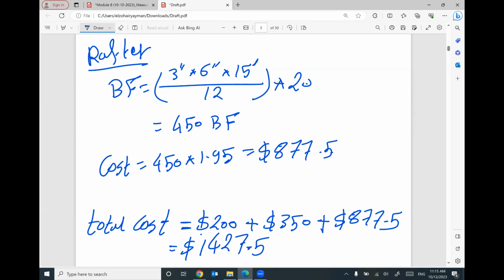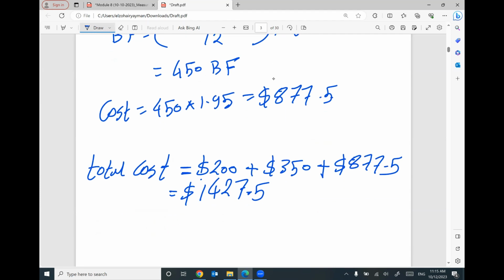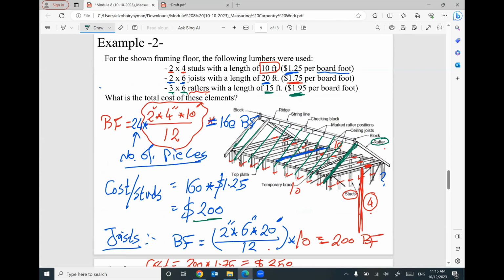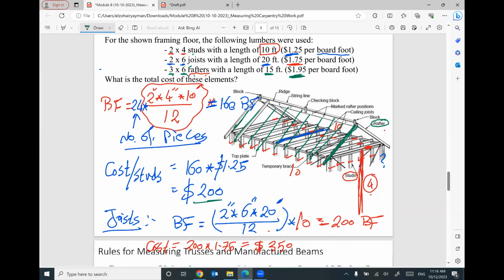So if you go to Lowe's or Home Depot, you have to pay $1,427.5 just only for material, just only for buying the studs 20 piece, 24 piece, and joists 10 pieces, and rafters 20 pieces, just only for material.